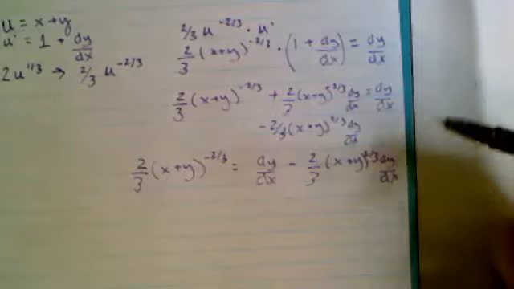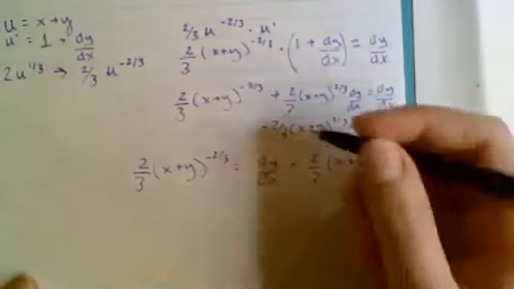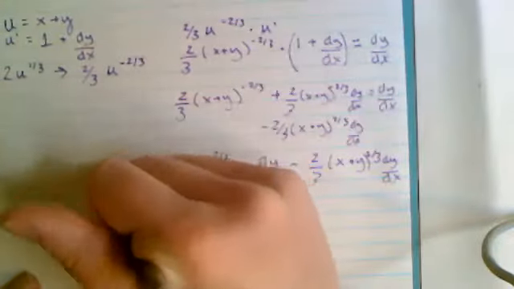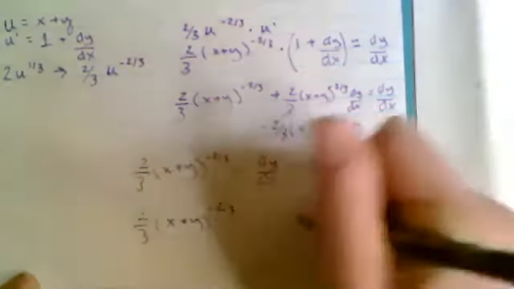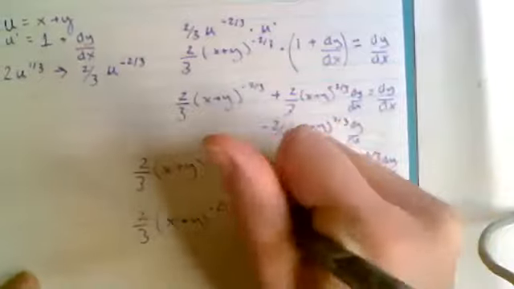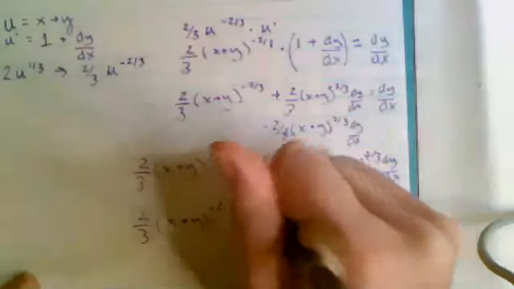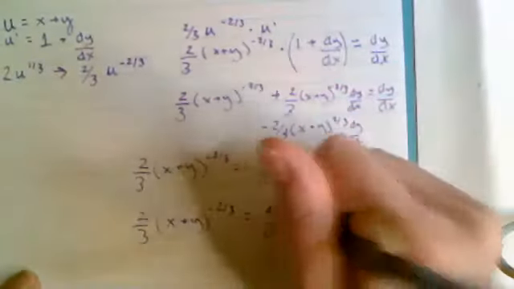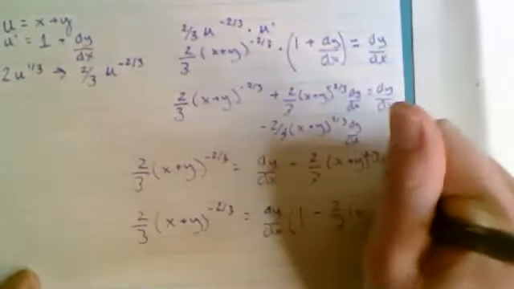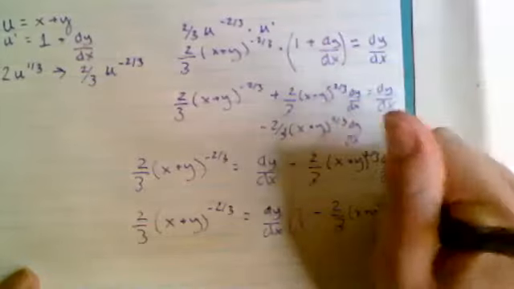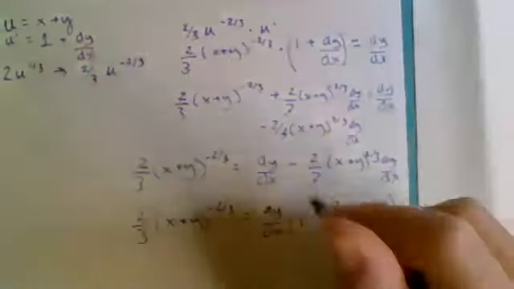Then we're going to factor out the dy dx. I'm going to get 1 minus this whole thing, and then we simply need to divide.